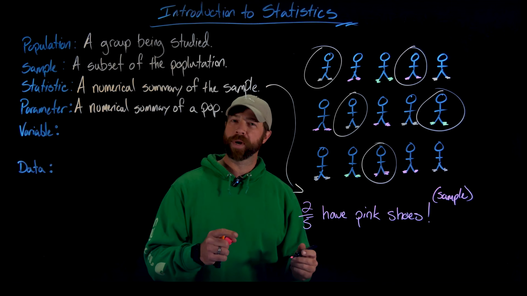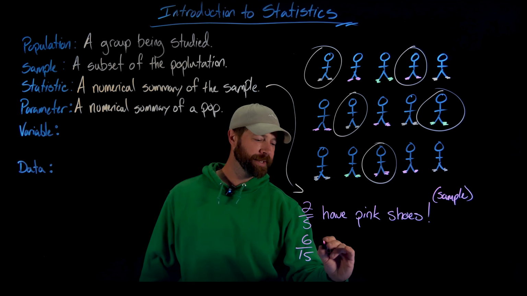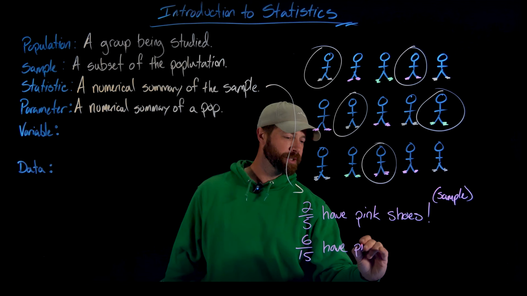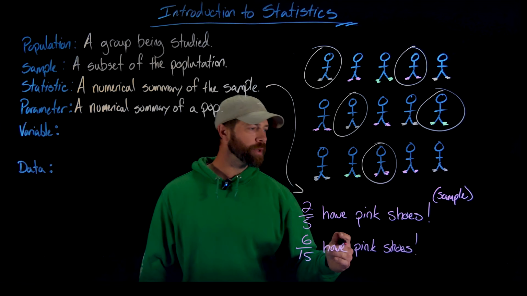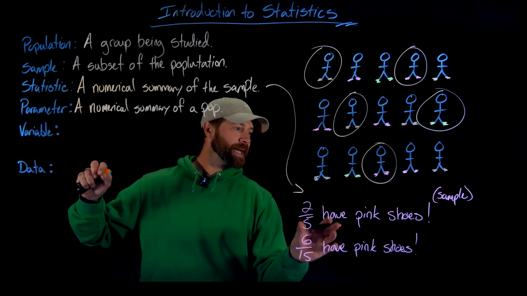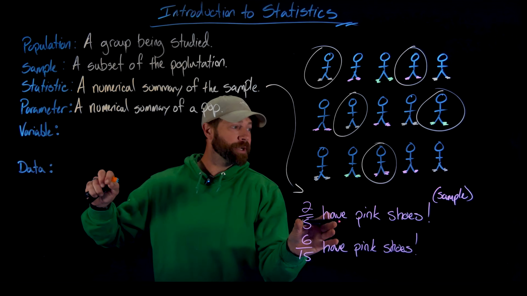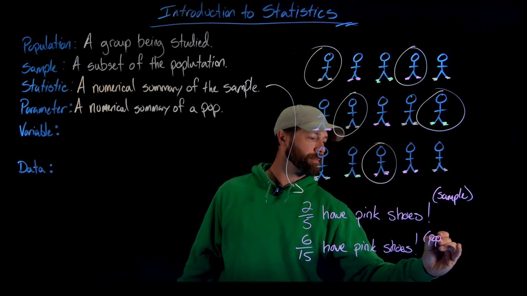So that would be our parameter in this kind of analysis, that 6 of 15 have pink shoes. And importantly, the difference between a statistic and a parameter is that this statistic comes from the sample and this comes from the entire population.